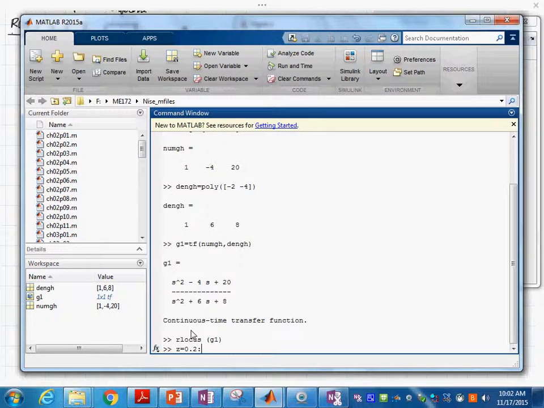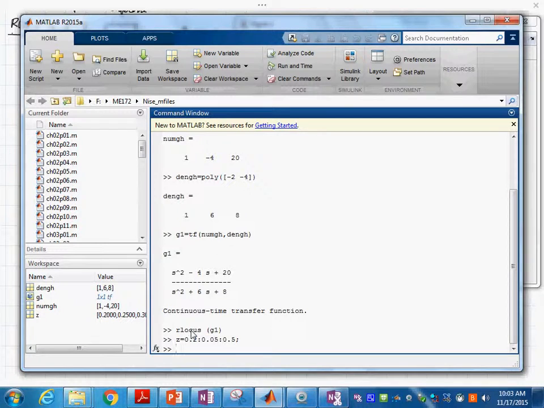And then we're going to say colon, so it indicates the step 0.05, and then colon to 0.5 like this, and then colon, so that defines a range of values that we want.